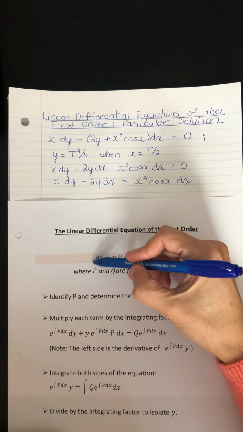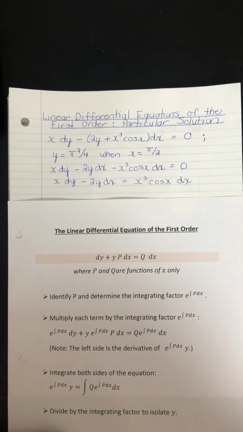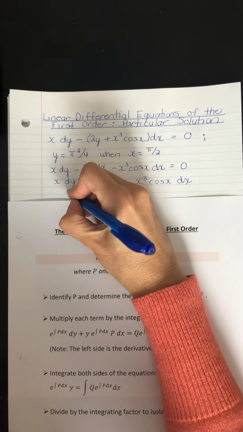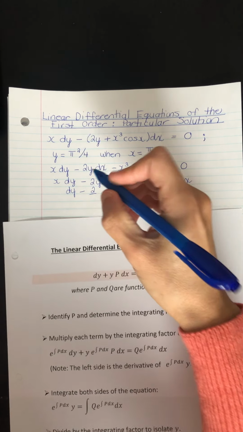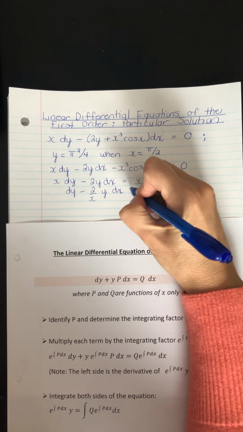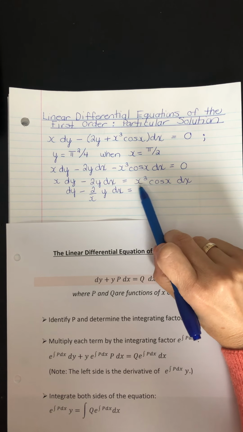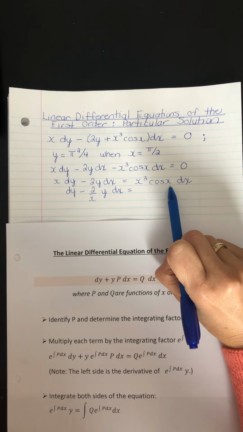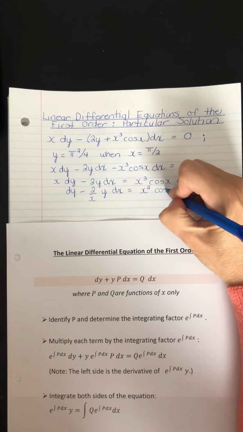You should note we need dy isolated, so we're going to now divide all terms by x. So this will be 2 over x. And here, when we divide x cubed cos x by x, it will be x squared cos x.